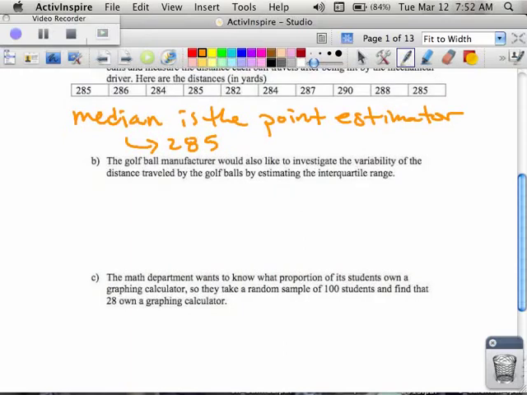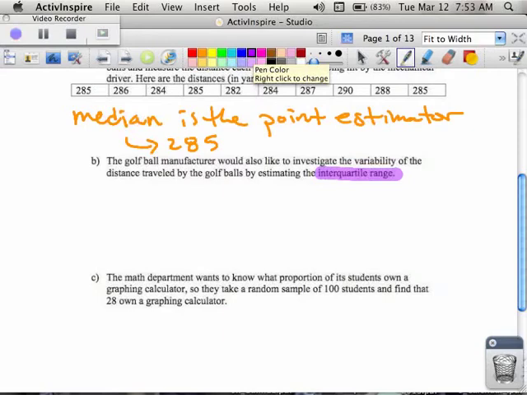In the second part, part B, they talk about the variability of the distance traveled. When we talk about variability, there are different things we can talk about. We can talk about the standard deviation, the variance, the range, the spread. In this particular case, they mention interquartile range. So our point estimator for the variability would be the IQR.